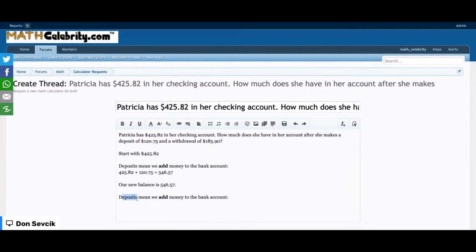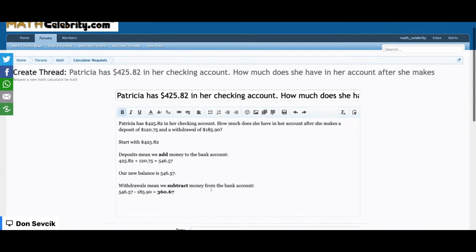is a withdrawal. So withdrawals are the opposite. We subtract money from the bank account. So we had in the last step after the deposit, 546.57. We're going to subtract 185.90. 360.67.